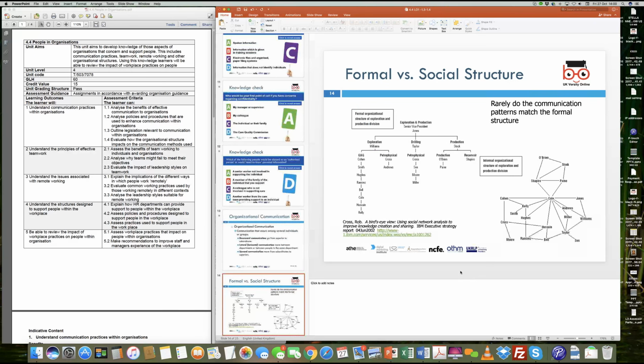Now, this is a slide which is just to give you an example of how you will see structures within an organization and how communications would work. The structure I've taken here is from IBM.